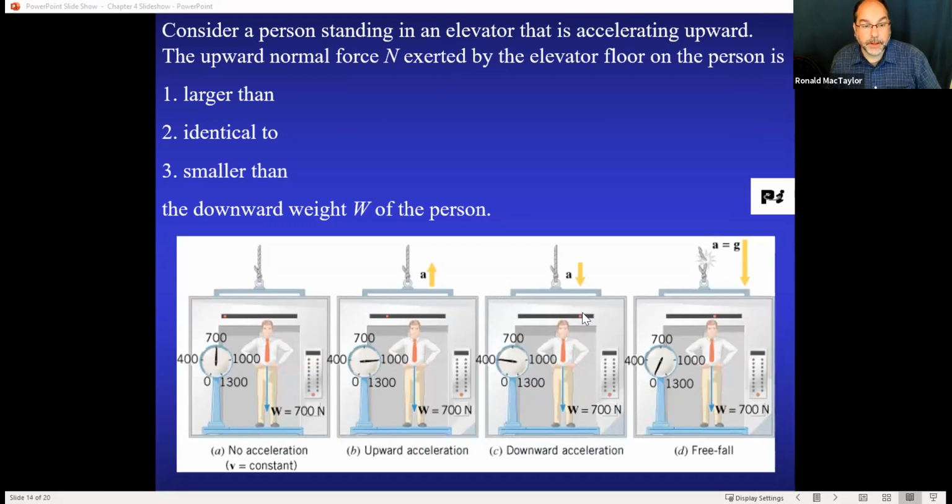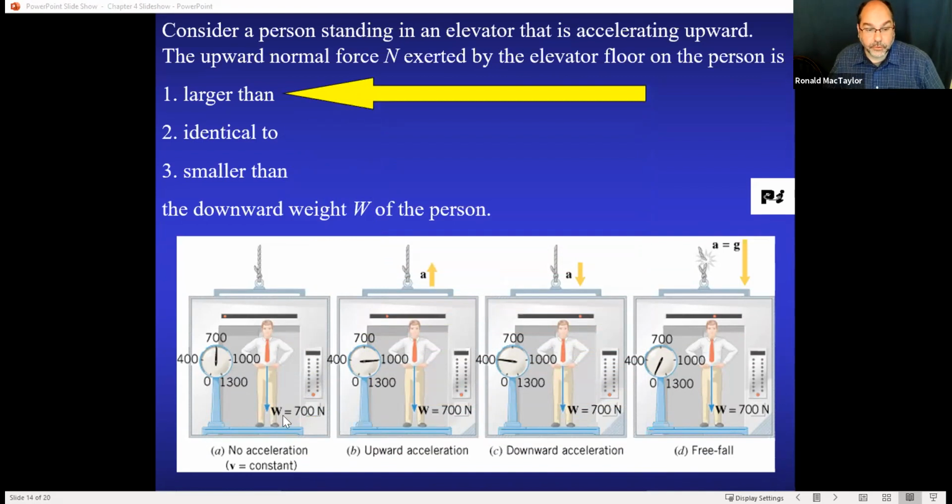So ultimately, the answer to the original question, the elevator accelerating upward, is that the normal force exerted by the floor is larger than your true weight in order to overcome. So you step on the elevator, you weigh 700 newtons, you're standing there still, the floor is pushing back at you with a force of 700 newtons.